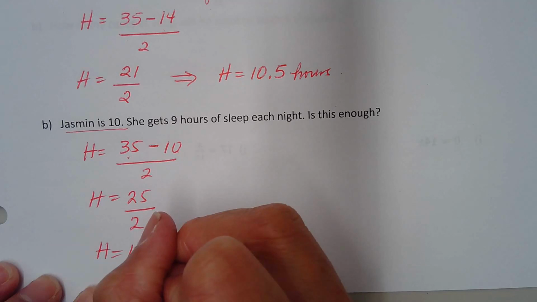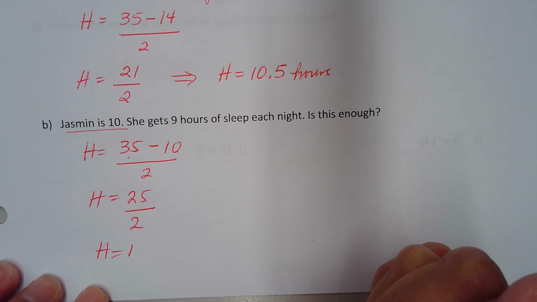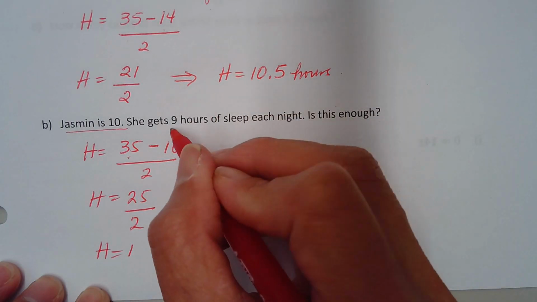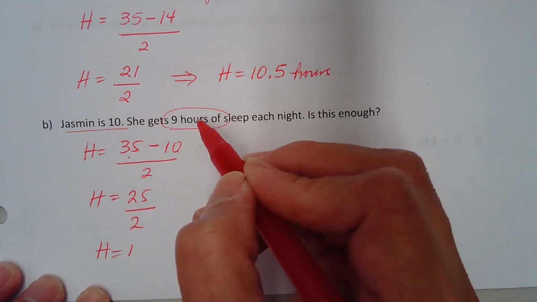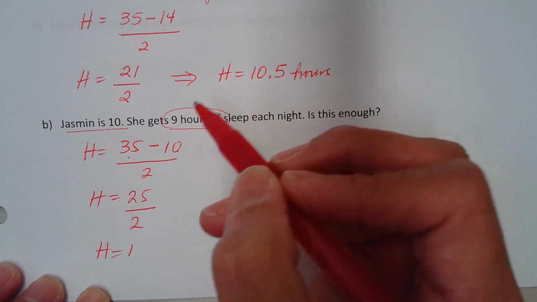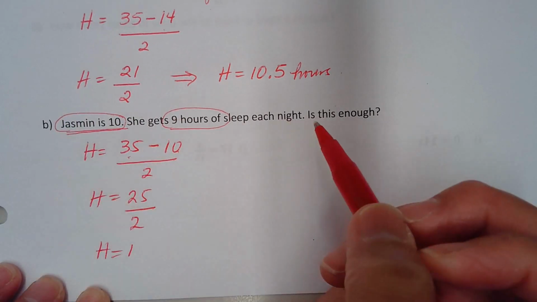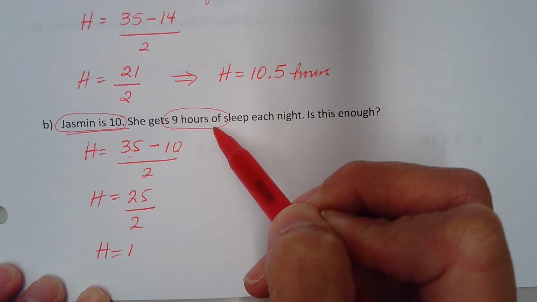The 9 hours means that's 9 hours. So Jasmine is 10, she gets 9 hours of sleep. Okay, so we know that she's 10 years old, and then she gets 9 hours of sleep.